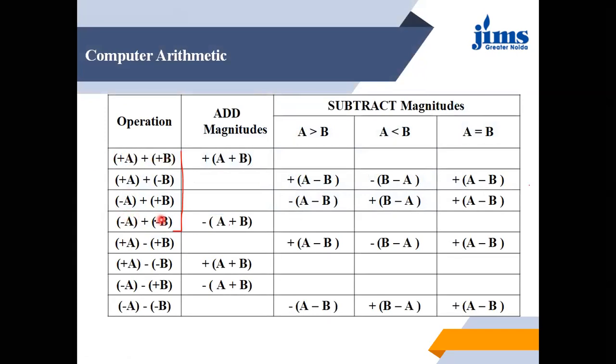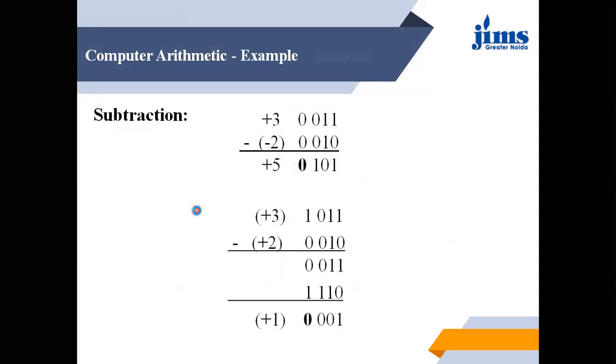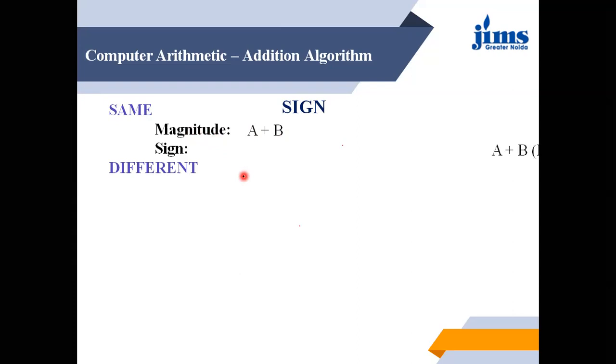In the case of addition, when the sign of both the numbers is the same, what do we have to do? First we check whether the sign is the same or not. If they are the same, then we have to add the two numbers to find the magnitude. Now the sign is based on the result, as I told you.